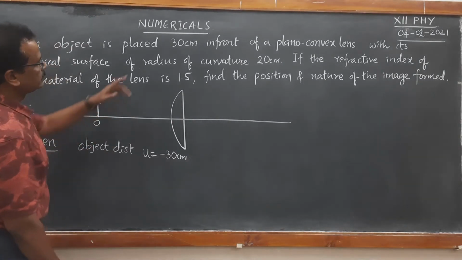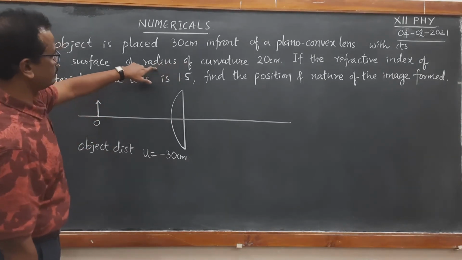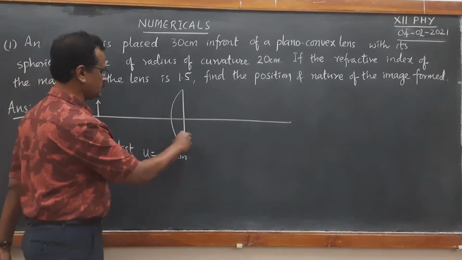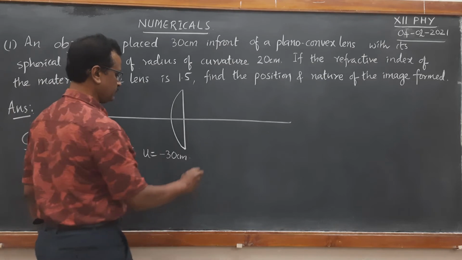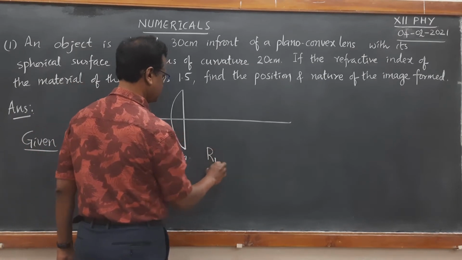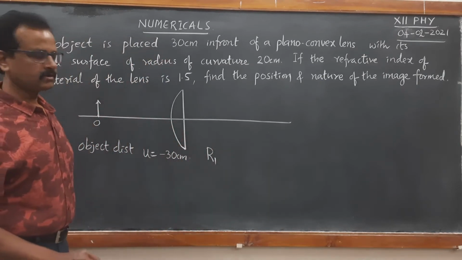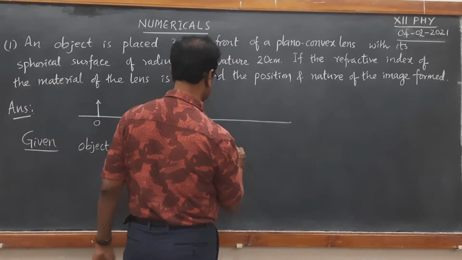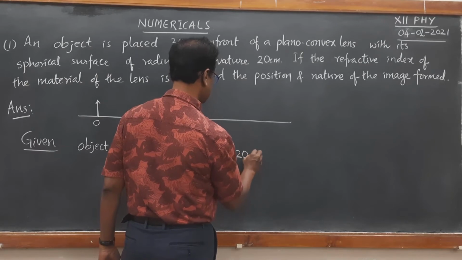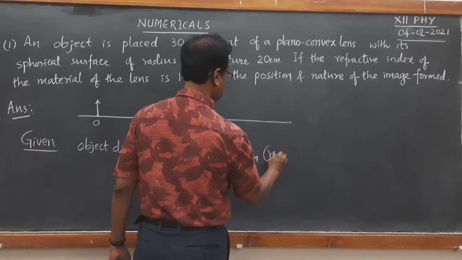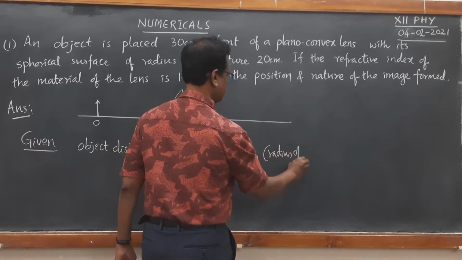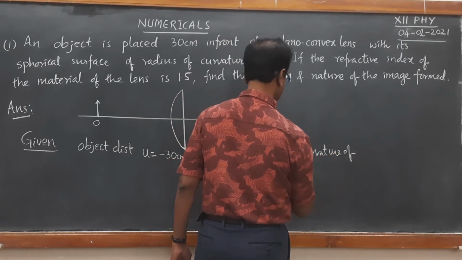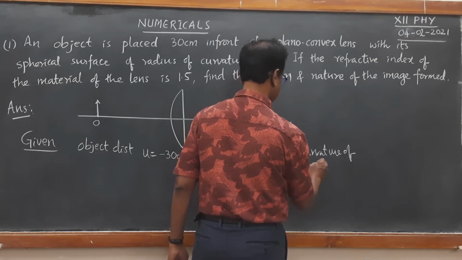Fine. Then the radius of curvature of the curved surface, spherical surface, since it is a convex surface, therefore let us take R1 as the radius of curvature of the convex surface. R1 is equal to plus 20 centimeter.